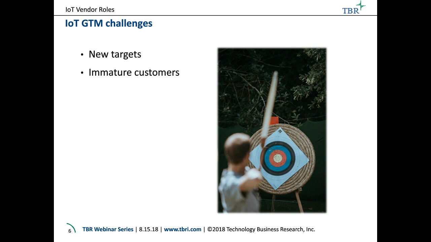Then there's the fact that in IoT, most of the customers are immature. These may be very mature organizations, with a great deal of understanding of the IT situation. They may be very forward-thinking, but IoT creates new challenges, and it takes a while for customers to come to understand them.